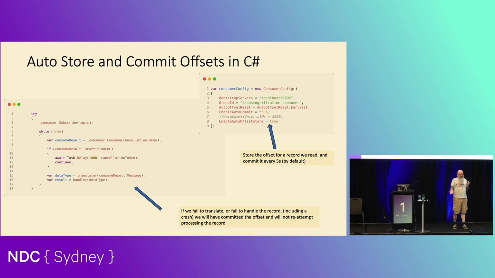Or more particularly if I crash, right? But after I've read, but before I essentially have done the work that I intended to do. So I don't really want to commit an offset until I've done the work that I want to do as a result of reading, right? I want to transmogrify Calvin before I manage the offset, right?